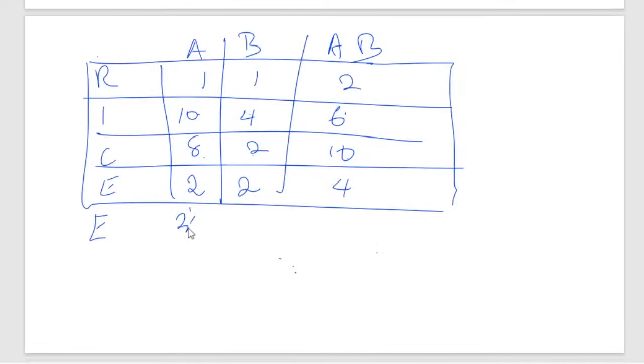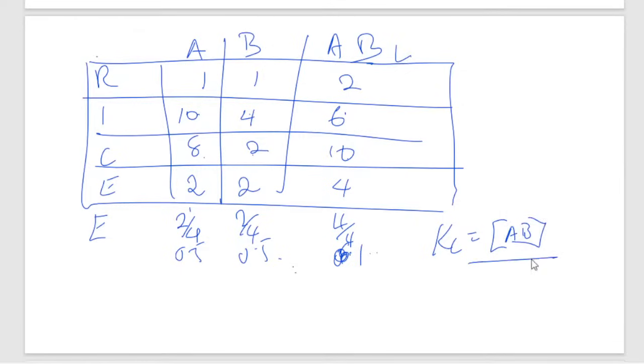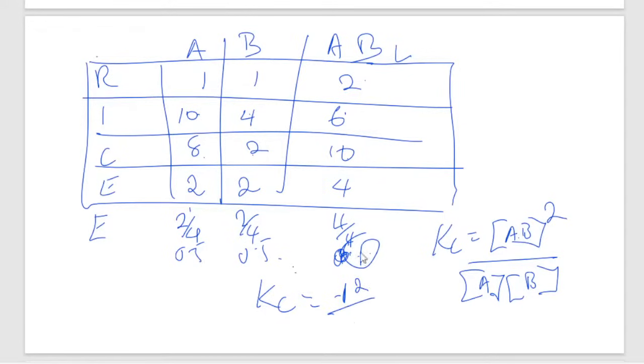Therefore I say 2 divided by 4, which gives me 0.5. 2 divided by 4 gives me 0.5. 4 divided by 4 gives me 1. Now Kc is equal to the concentration of AB, because it is the product, squared because there are 2 moles, over the concentration of A times the concentration of B. So Kc is equal to 1 squared divided by A, which is 0.5, times B, which is 0.5, which gives me Kc to be 4.